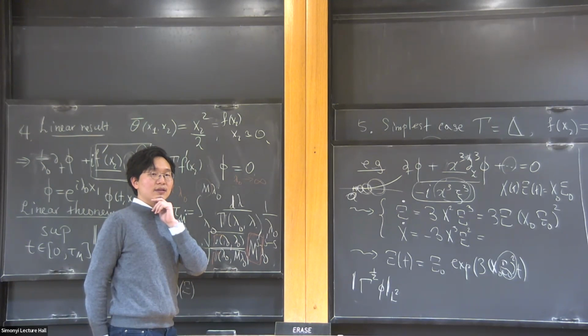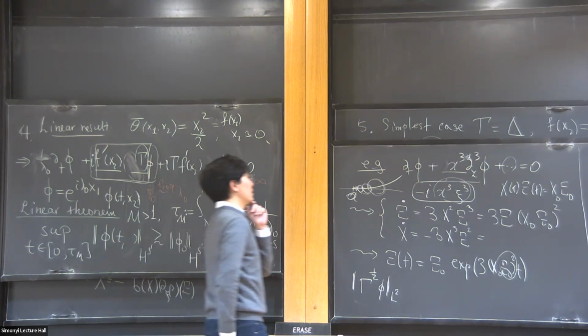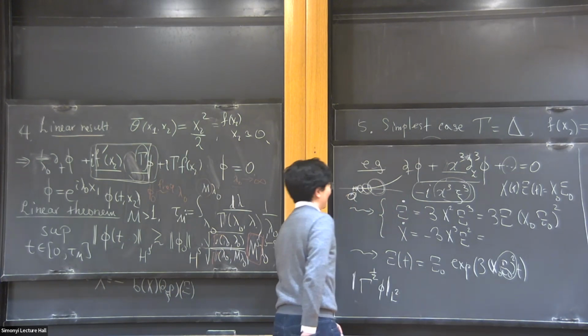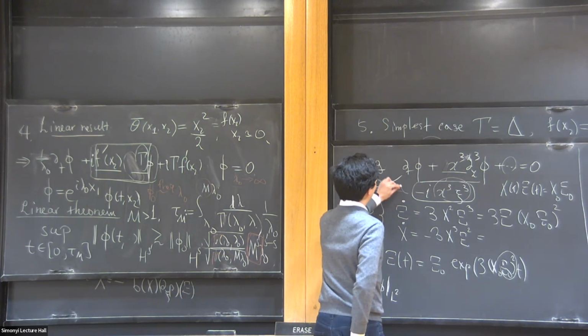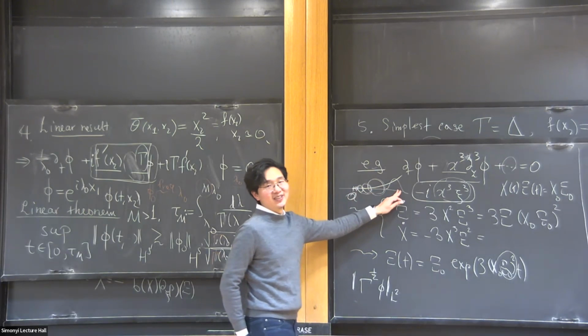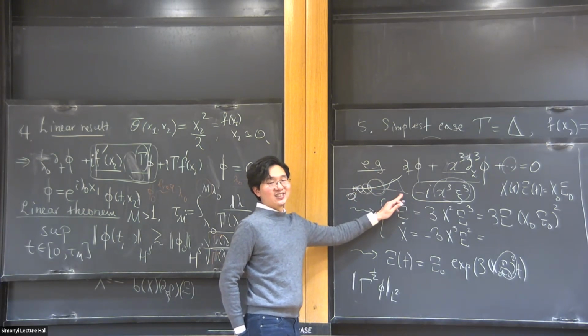Basically, I'm looking at the case where phi initially is supported away from the degeneracy.